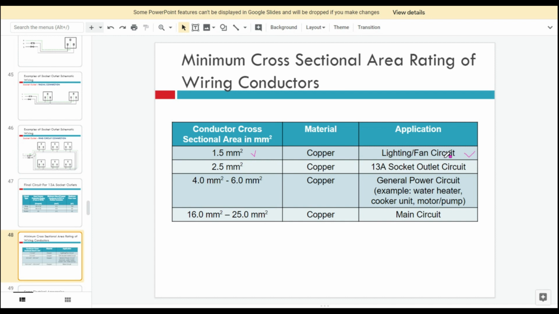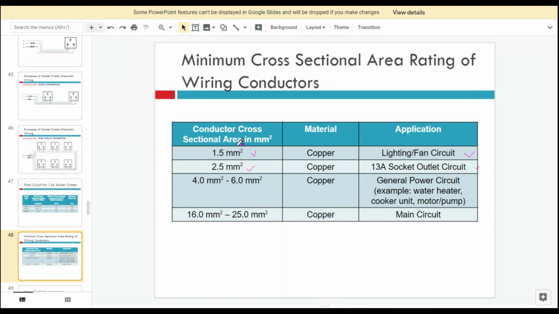And then for the 13 amp socket outlet circuit, we can use a sizing of 2.5 square millimeters. So this is the rule of thumb for the circuit design.